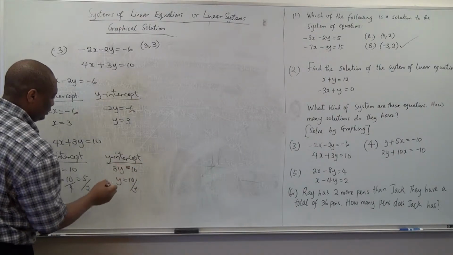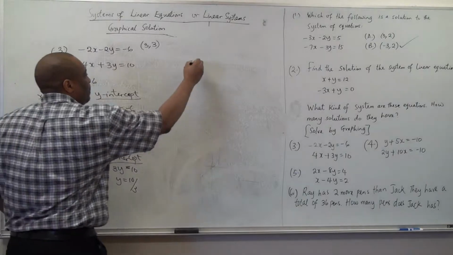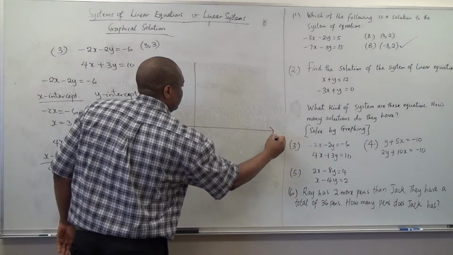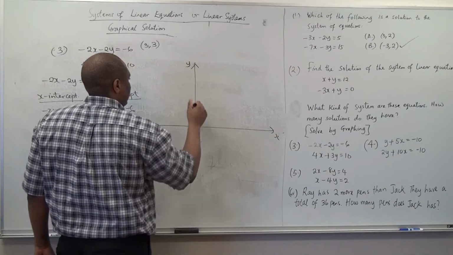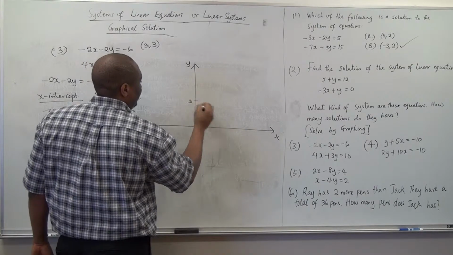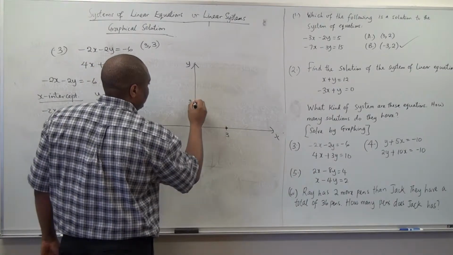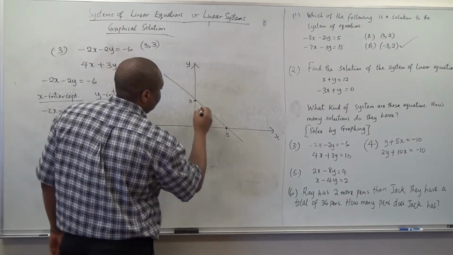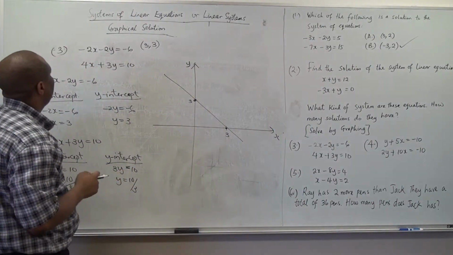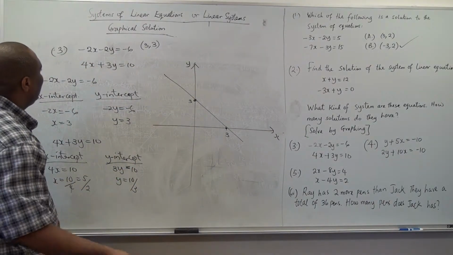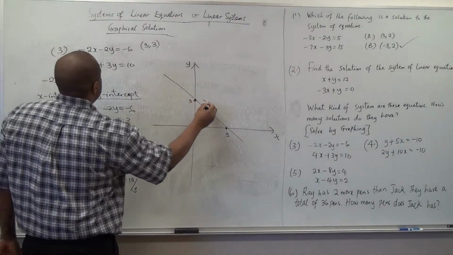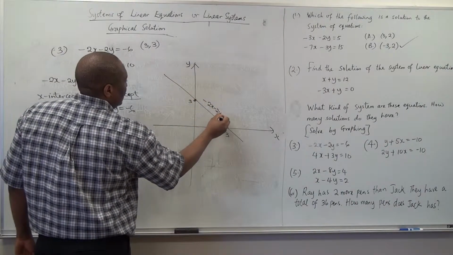So let's kind of draw it and see what we got. If we draw this now, x and y, first one, x is 3, 3. That's the first one. It's going to be a negative slope, and this is negative 2x minus 2y equal to negative 6.